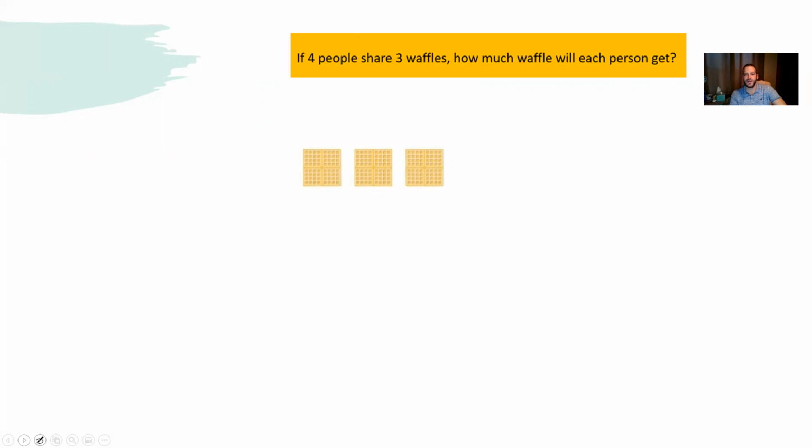And what you actually will want to do here is they teach you that you take each waffle and you focus on 1 waffle at a time. So if 4 people share 1 waffle, then each person gets 1/4, right? But you don't have 1 waffle, you get 3 of them.